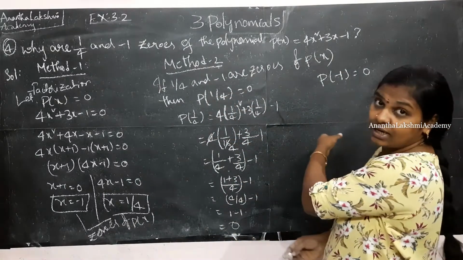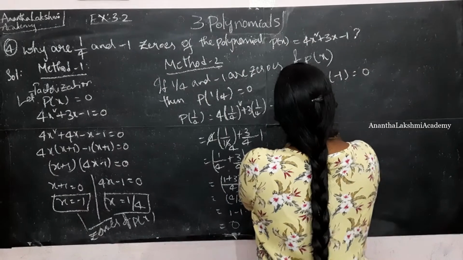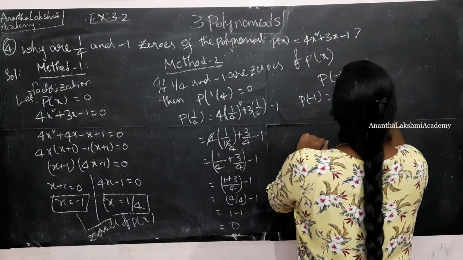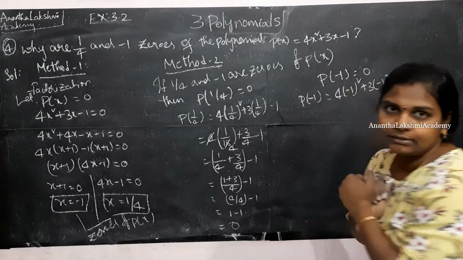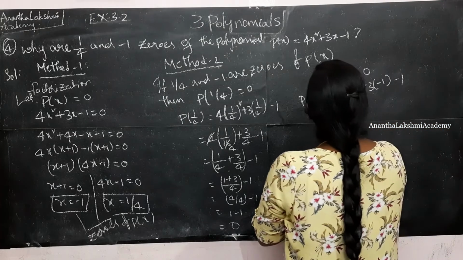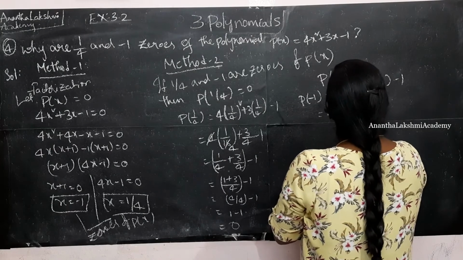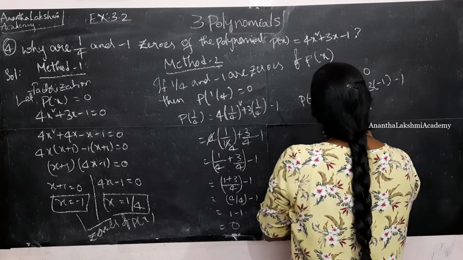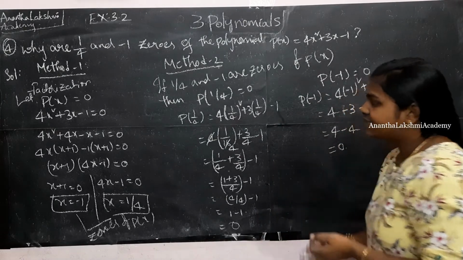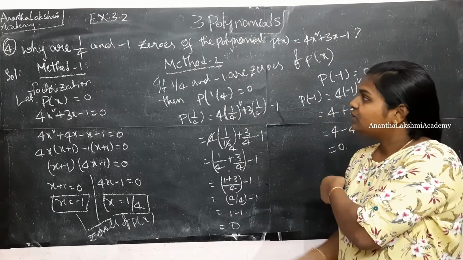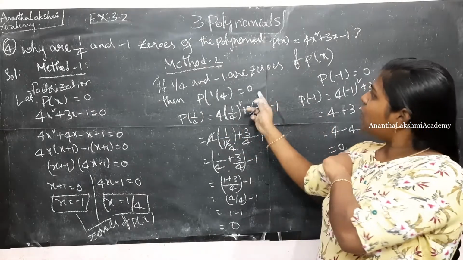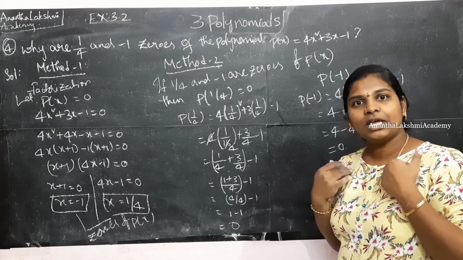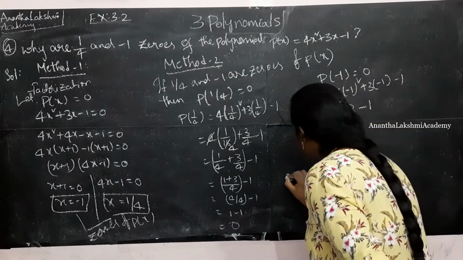Now let's try figuring out p of minus 1. p of minus 1 is equal to 4 into minus 1 whole square plus 3 into minus 1 minus 1. Let's simplify this. 4 minus 3 minus 1. That is nothing but 4 minus 4, which is equal to 0. Since for the values of 1 by 4 and minus 1, p of x is 0, they are said to be the zeros of polynomial p of x. So let us write the statement.